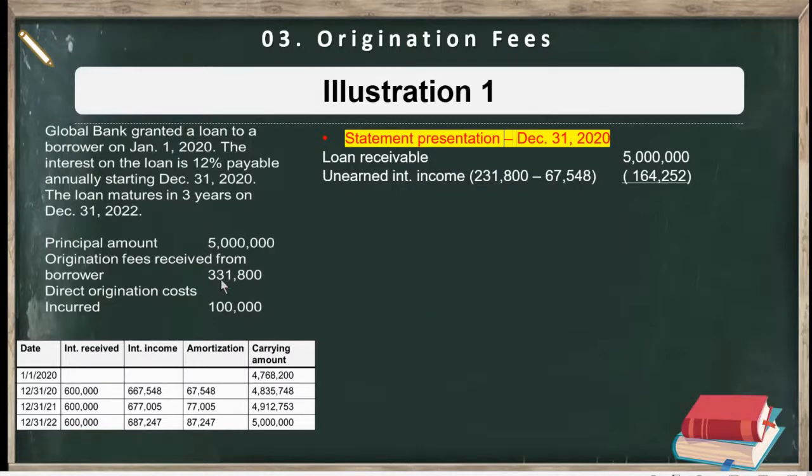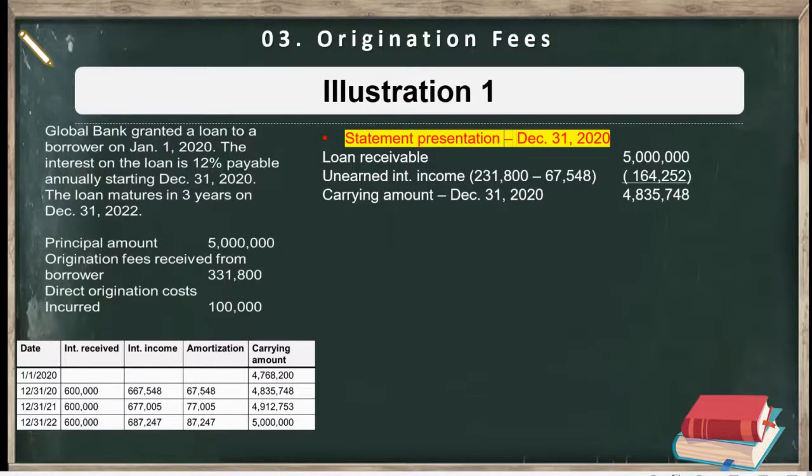So negative 231,800. Isa gikan ning 67,548 gikan na siya aning gi-amortize. Remember katong entry nato previously, diba? Ang unearned interest income gi-debit. So ang balance niya is 164,252.